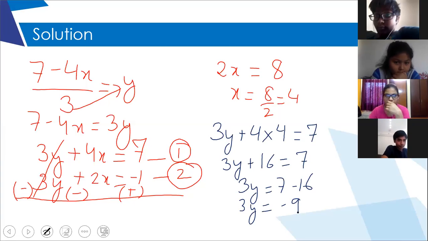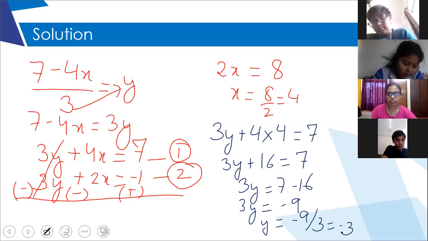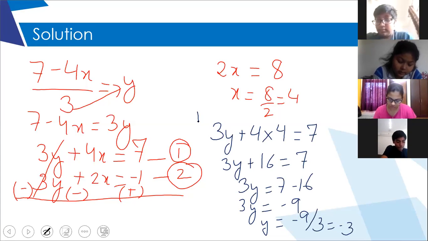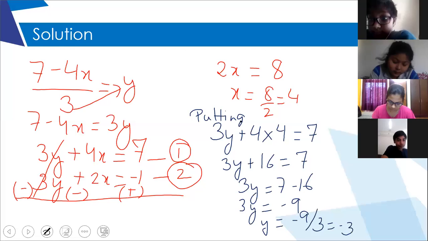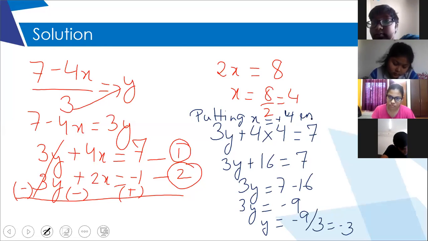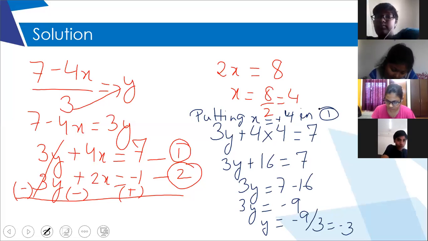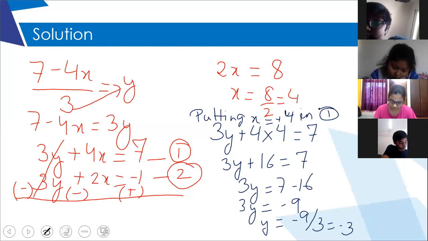Negative 9. So y is equal to minus 9 upon 3, which is equal to minus 3. Here you will have to mention putting x is equal to plus 4 in equation 1, sorry. Note it down.